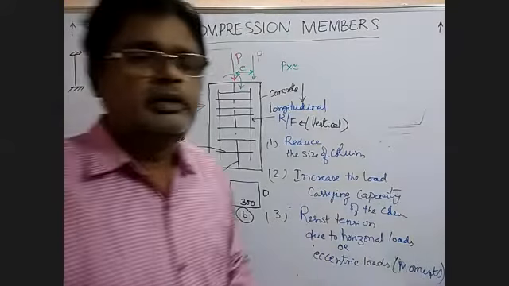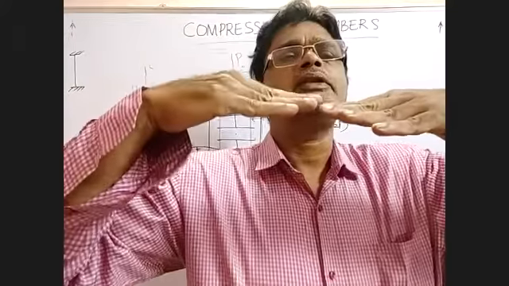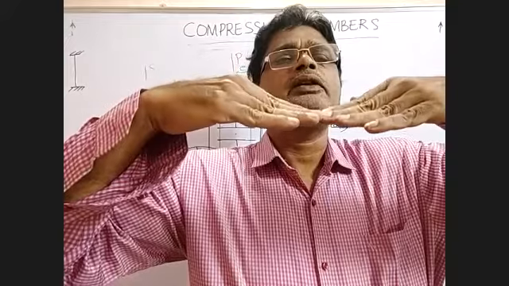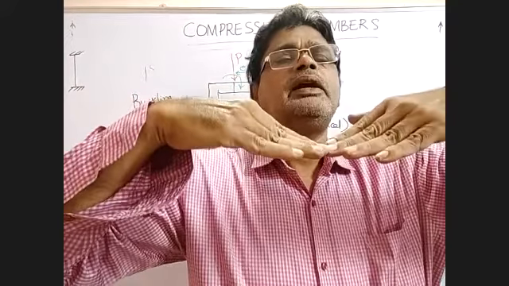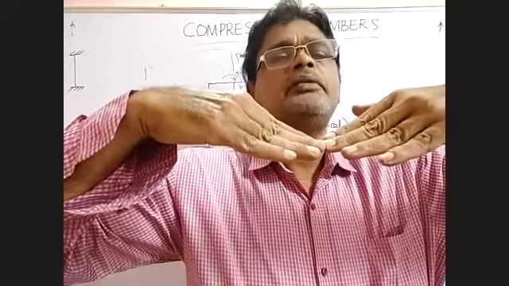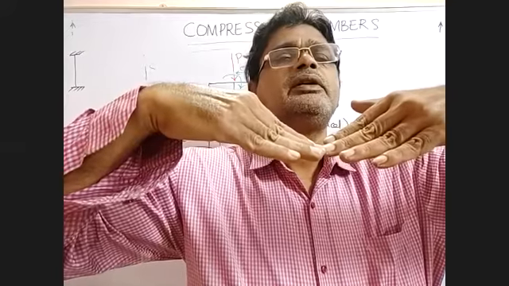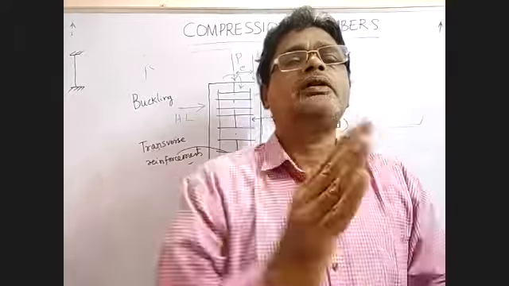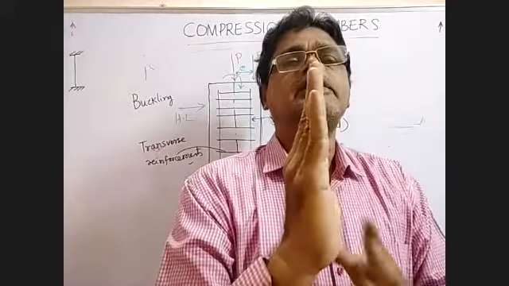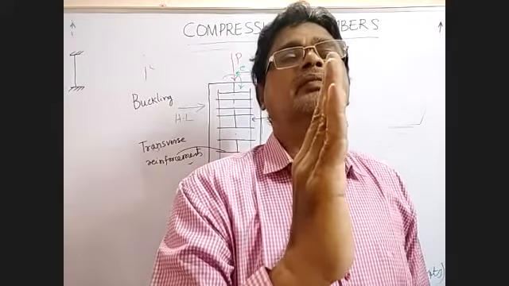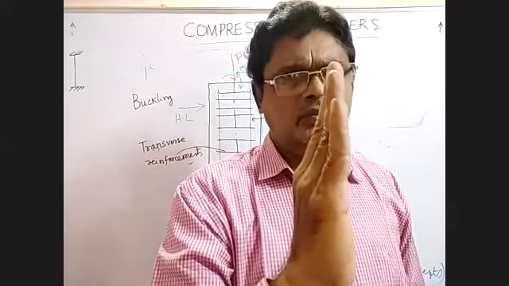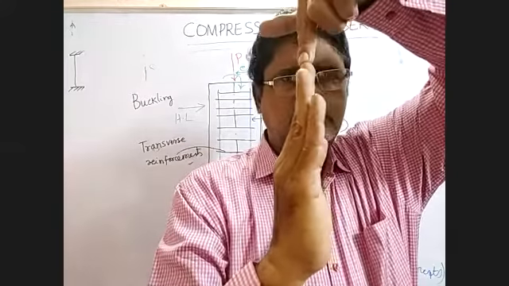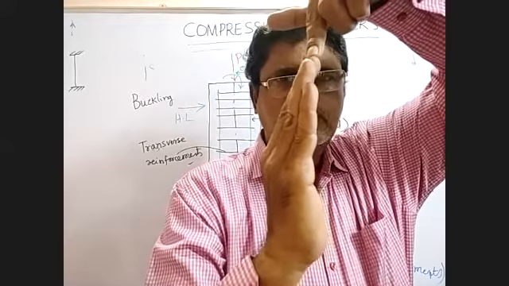See here, let us say this is a beam. When I apply a load here, the beam will bend like this, and you will get a bending moment. This is a beam in the horizontal position. Now take a vertical member, a column or compression member, subjected to a point load, the compressive load, here. When I apply a load here, it will deflect like this.